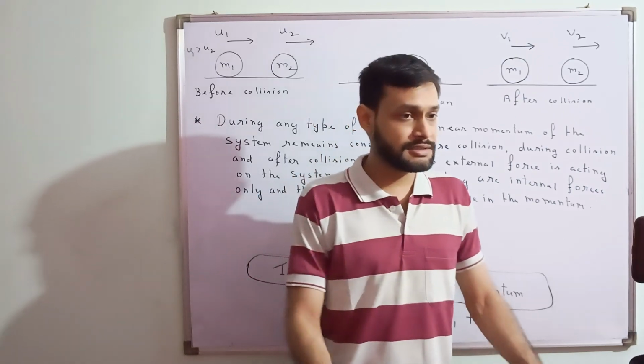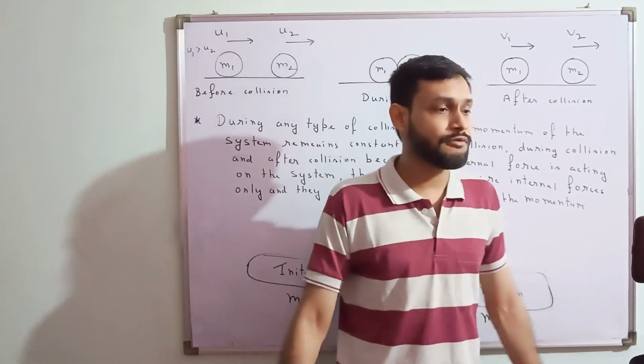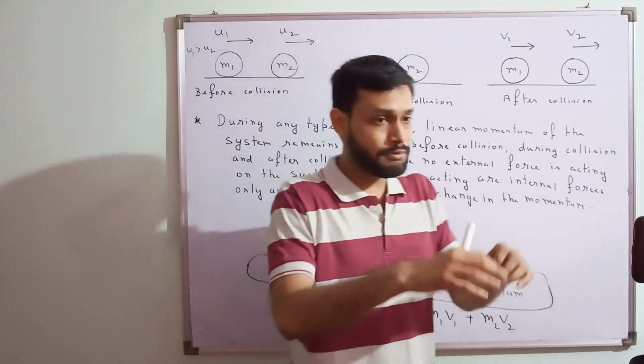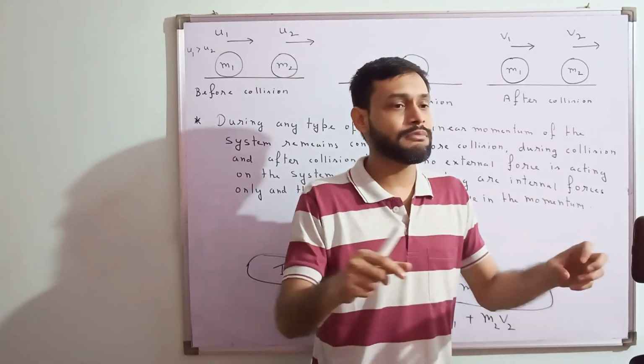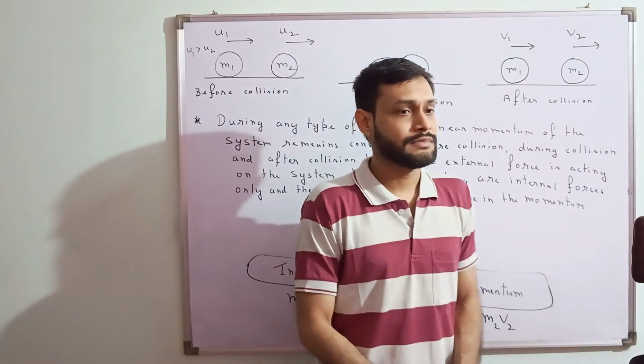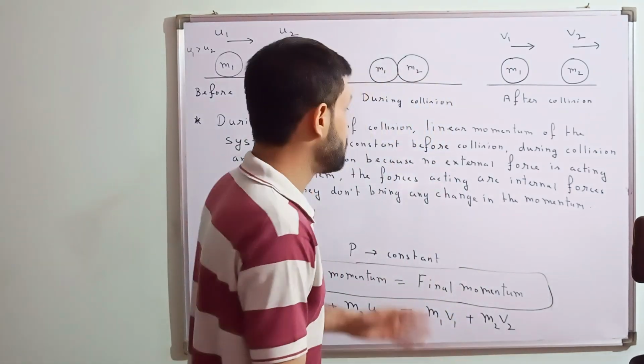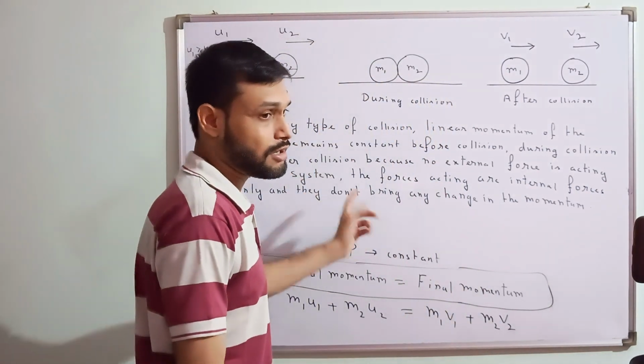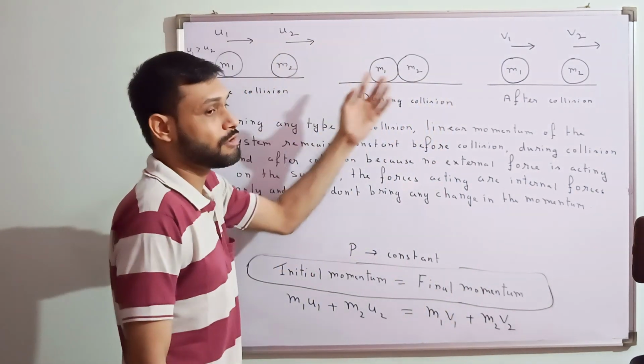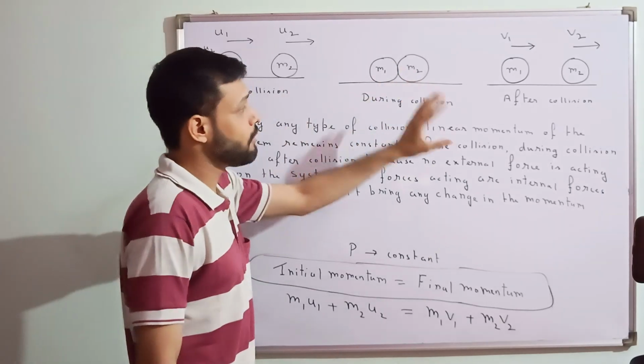Are you getting this? This is the condition. Whatever the number of particles in the system, the momentum of that entire system will remain conserved. Momentum of one particle will change.